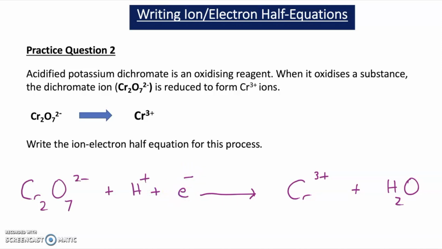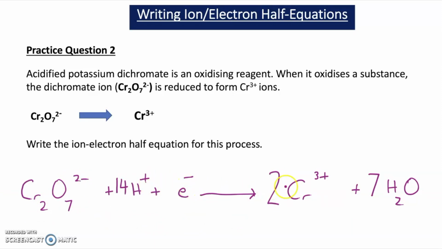And all we have to do now is balance the equation. So I've got 2 chromiums and 7 oxygens. So I'm going to put a 7 in front of the H2O so that there's 7 oxygens on either side, and I'm going to put a 2 in front of the Cr3+. Now to get the hydrogens to balance, I put 14 in front of the H+.